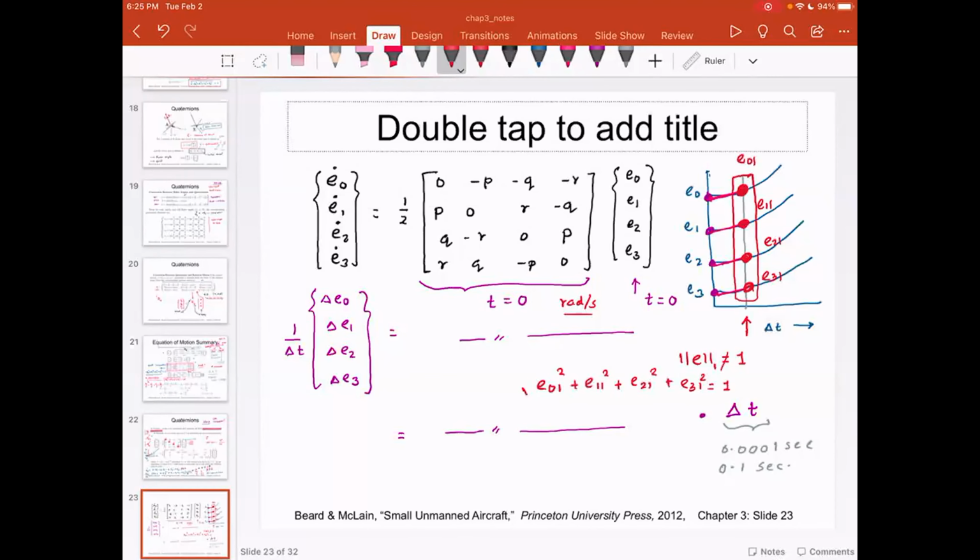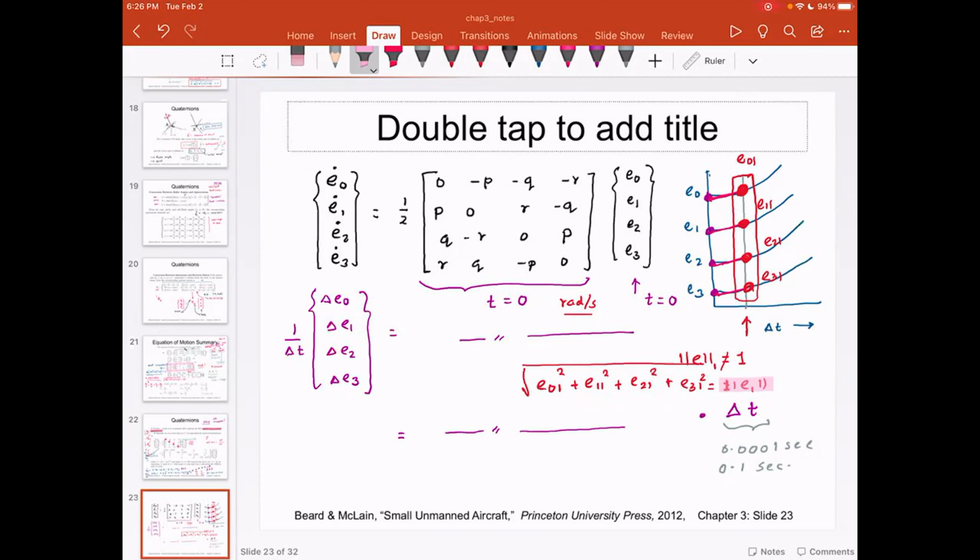I will find the square root of this, which I'm going to call the norm of E1, or absolute value of E1. Before I go to the next time step, I will divide each element, E01, E11, E21, E31, by this absolute value. Just like making it a unit vector, it will normalize the quaternion.